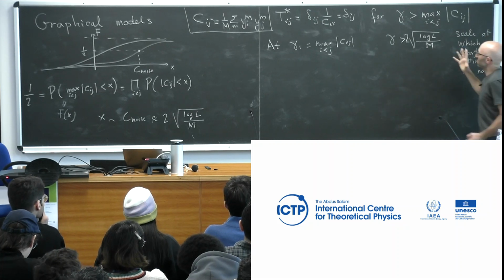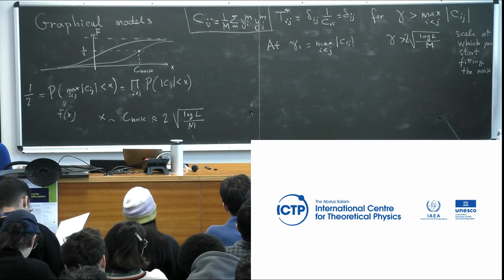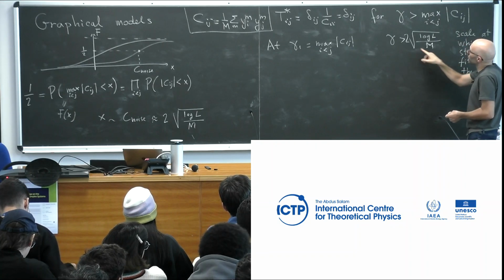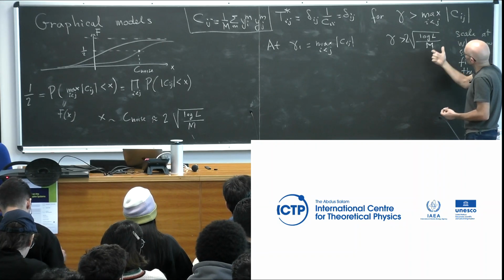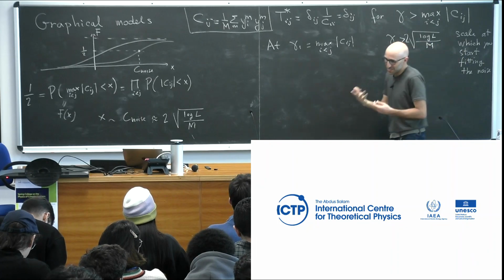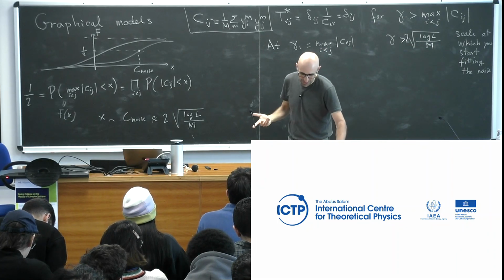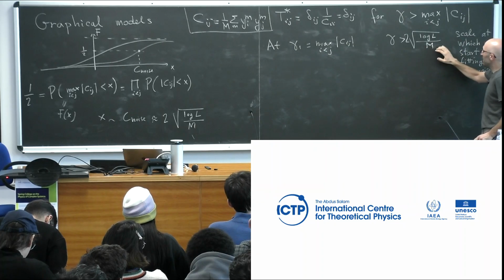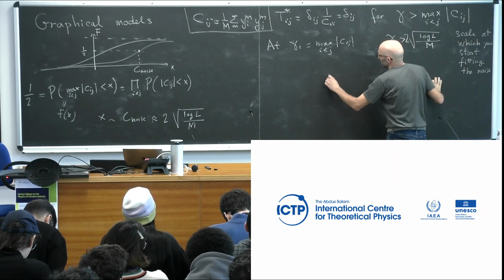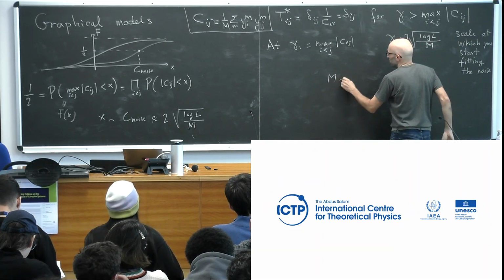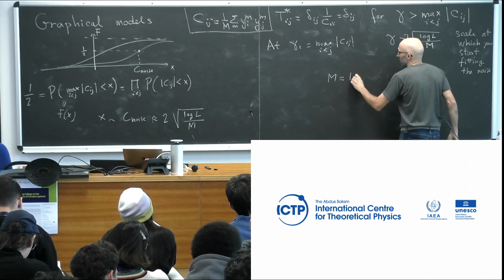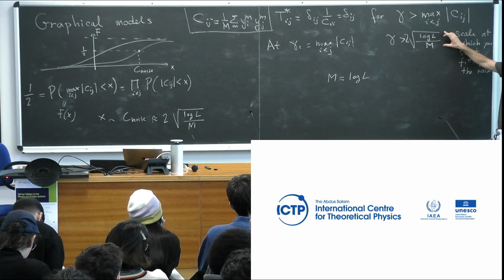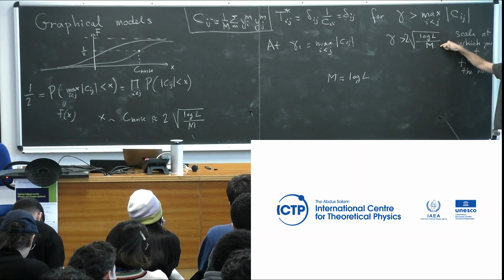Why did I spend time on this? Because this is interesting. It tells you that in order to start distinguishing the noise, you need m to be of the order of log L. So you see that this ratio depends on the ratio of log L with m.